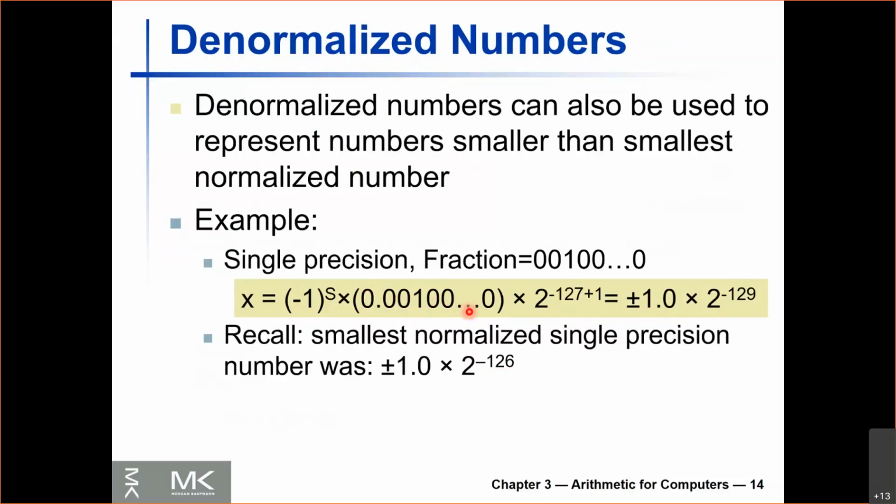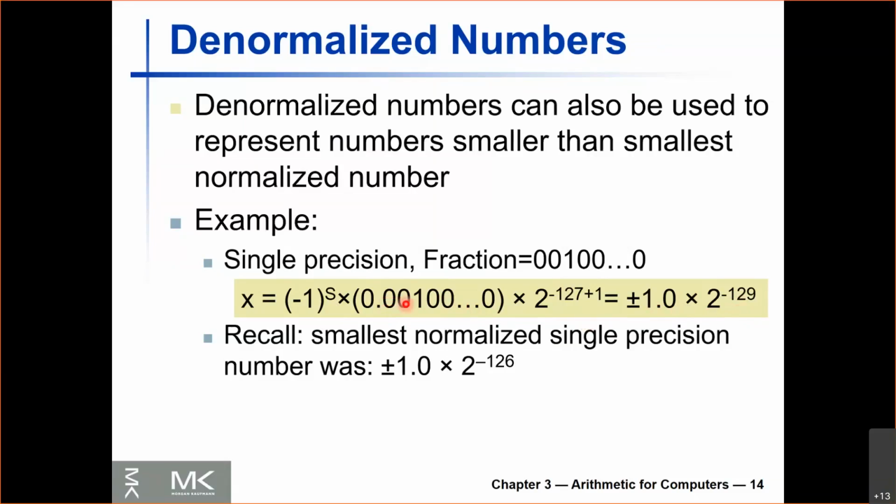But there is a trade-off here. The trade-off is that this 1.0 times 2 to the power of negative 129 actually has diminishing precision. In single precision I have 23 fraction bits, but when I look at this number, I've wasted 2 of these fraction bits.